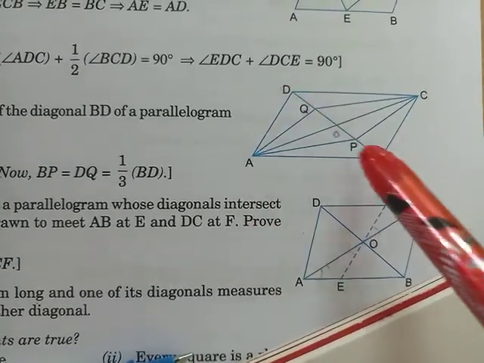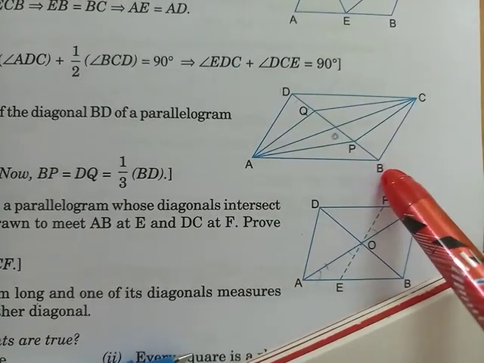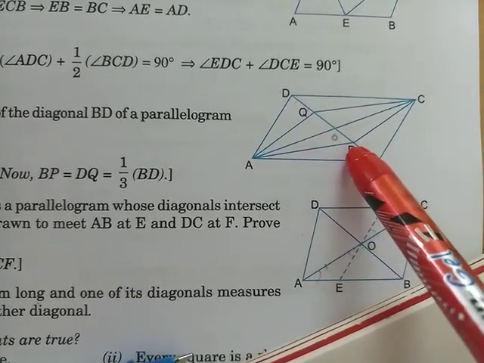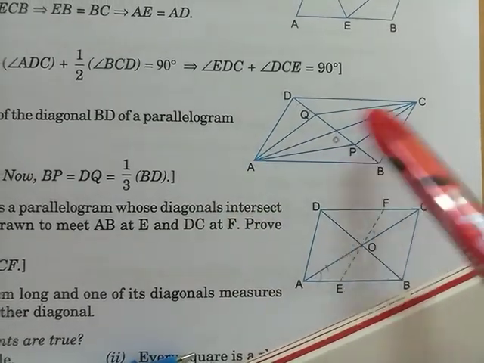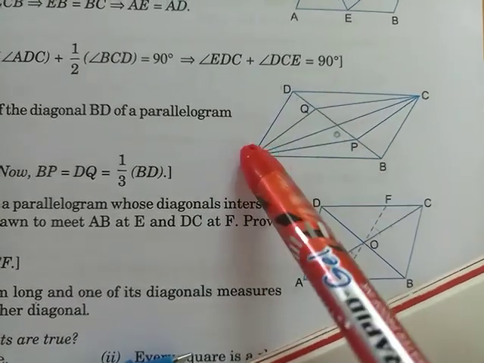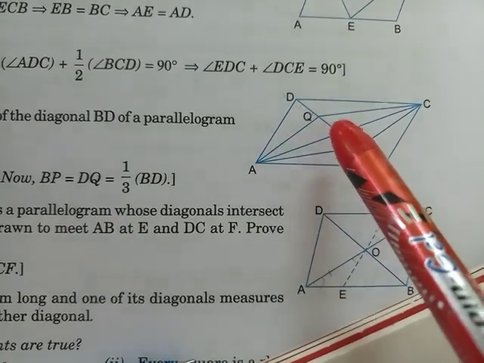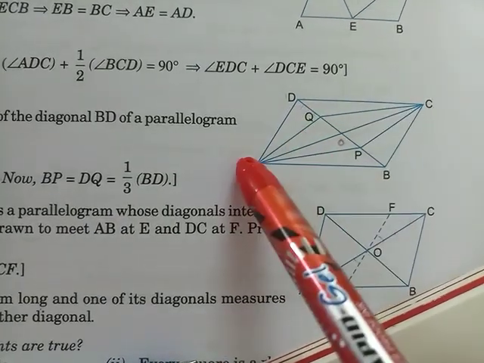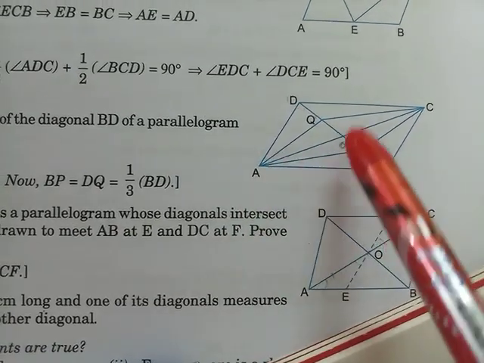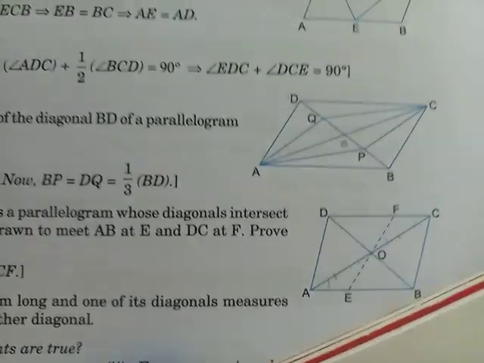So DQ and PB are equal, and OD and OB are also equal. Therefore, OQ becomes equal to OP. So now in quadrilateral APCQ, as the diagonals are bisecting each other, therefore this is a parallelogram, and the moment it is a parallelogram, AP is parallel to QC. This way we are going to prove. Let's see the solution.